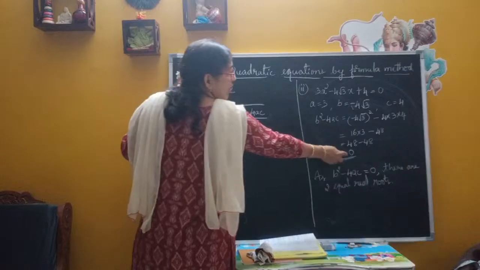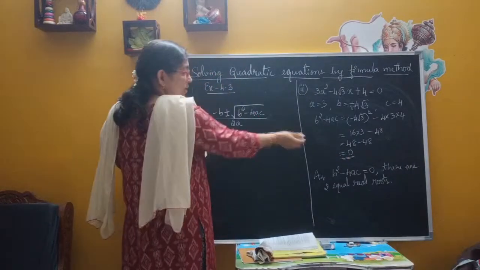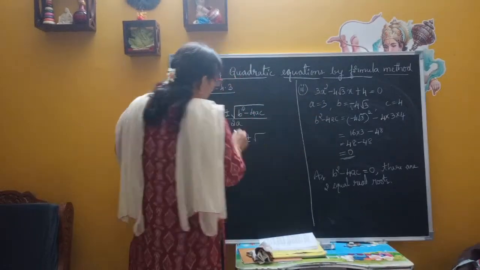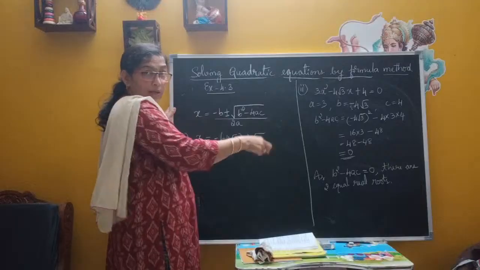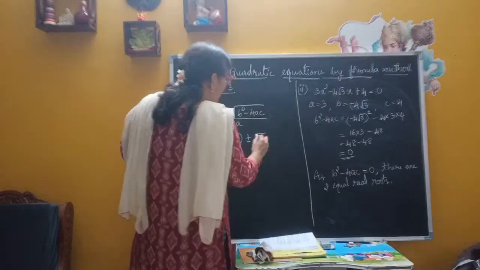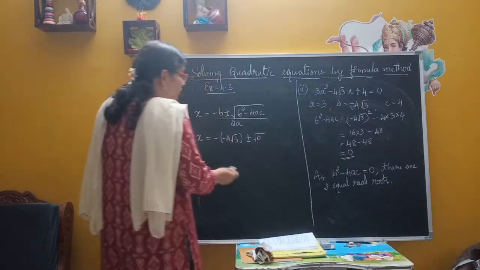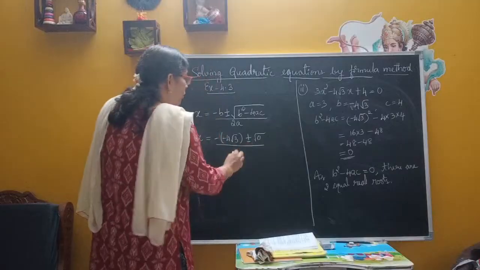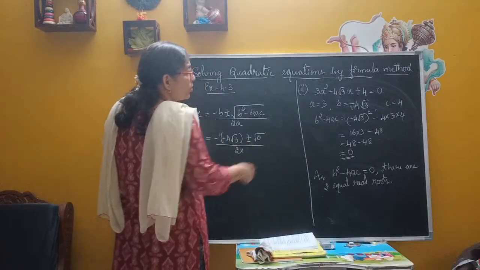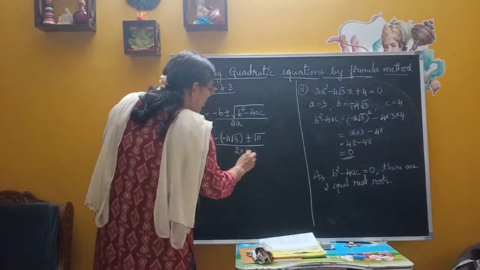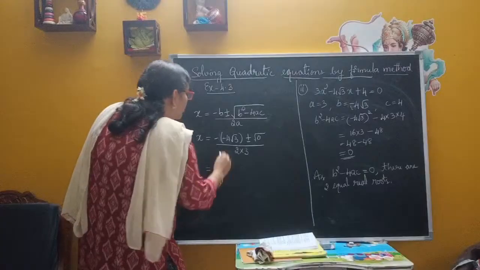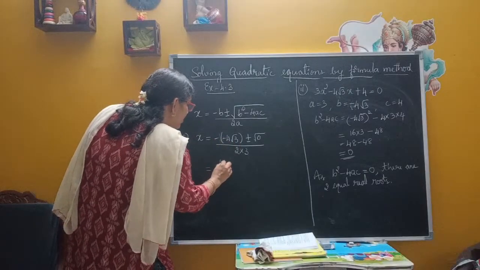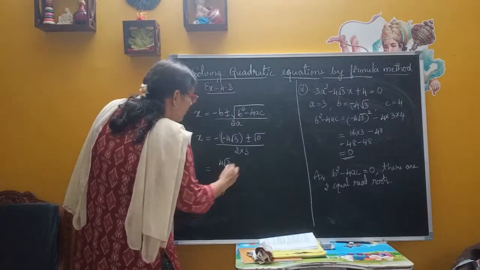What have you got here? 0. Otherwise, if you have not done this process, you have to substitute and find the values. Here, since we have done it already, I write it directly. It is 0 by 2a. That is 2 into, what is the value of a? 3. 2 3s are 6. So it is minus into minus plus 4 root 3.